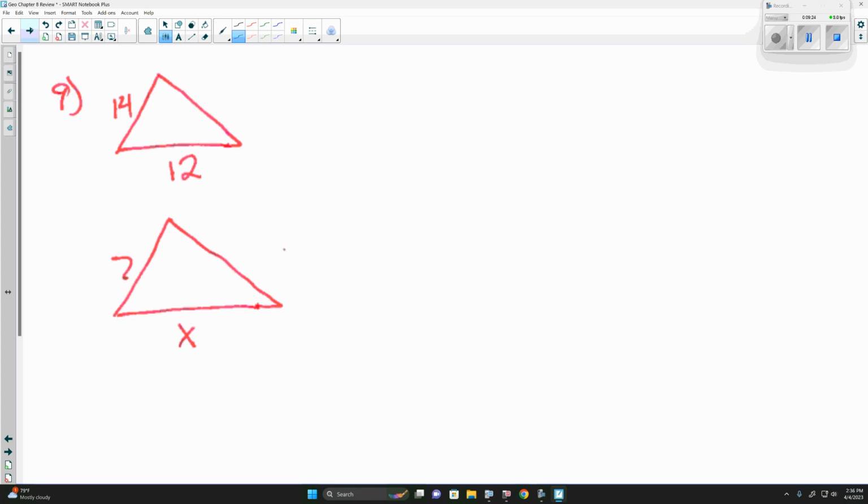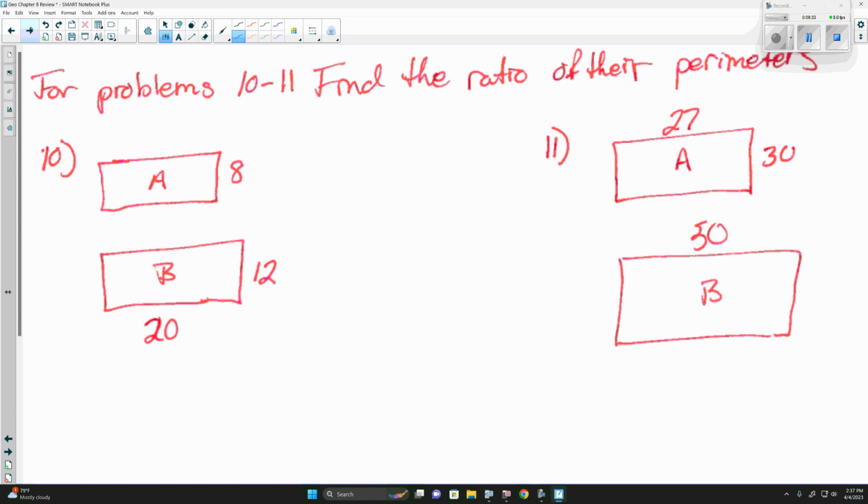Questions on number 9? Find the ratio of their perimeters. Am I solving for anything? I'm actually finding perimeter. What does it say? Find the ratio of their perimeters. Well, the ratio of their perimeters is the same as the ratio of their sides.